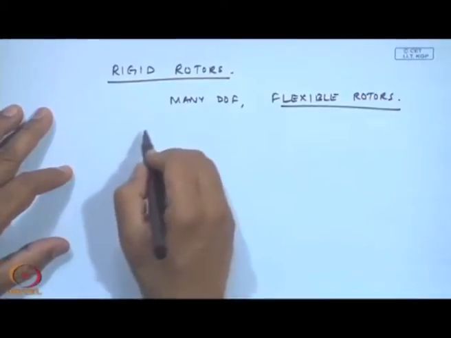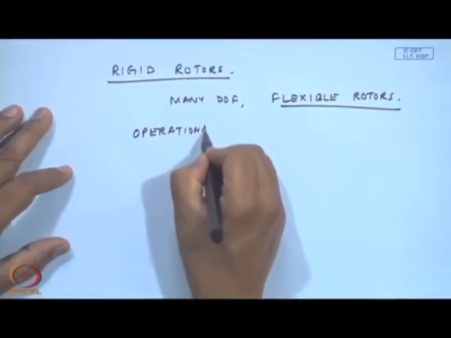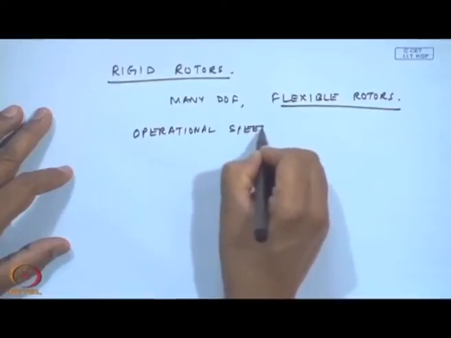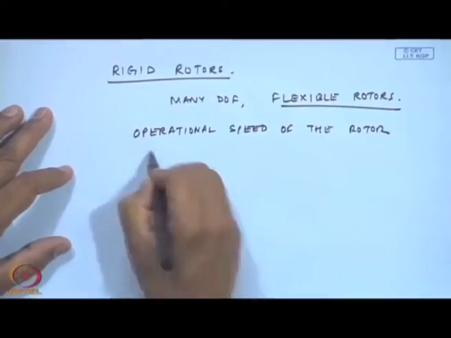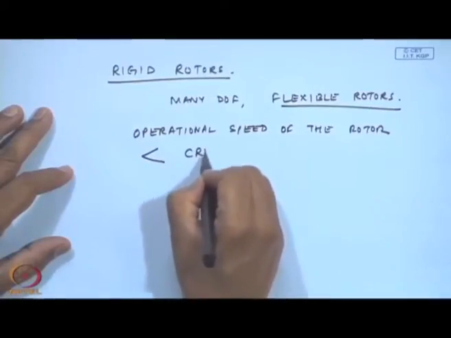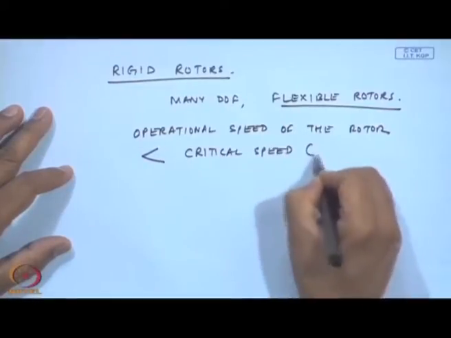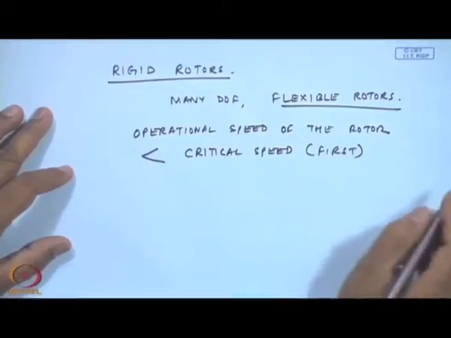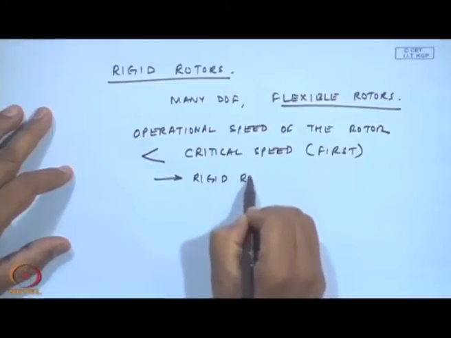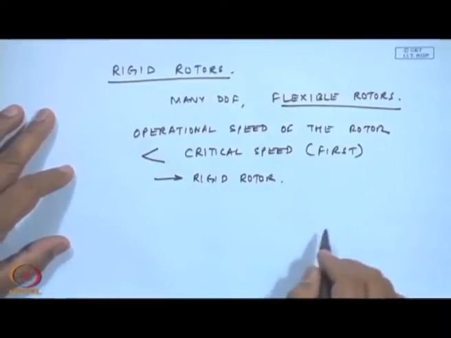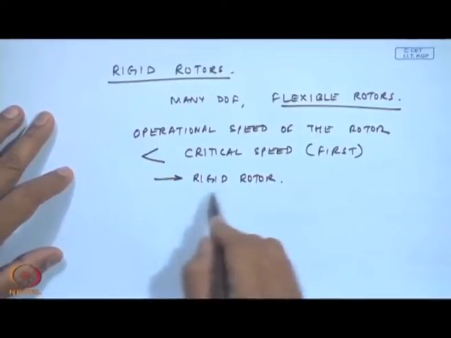But as long as the operational speed of the rotor is less than the critical speed, of course, to begin with the first critical speed, I can consider it to be a rigid rotor, and balancing at one location, or putting a weight at one location, balances the shaft.